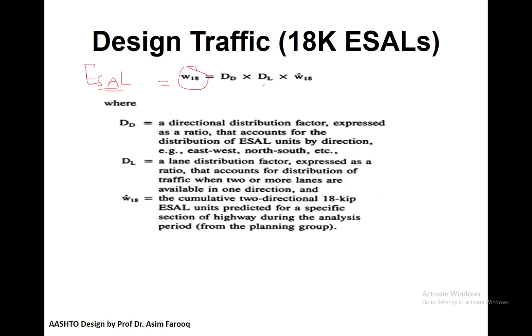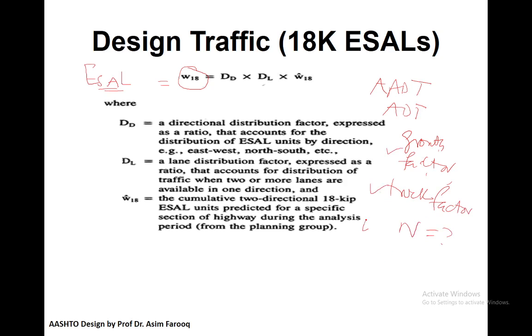This value can be estimated based on a few assumptions, such as the average daily traffic in that specific year, the percentage of trucks expected to use that facility, the analysis period, meaning the number of years for which the pavement is designed, and the fourth one is how much annual growth is expected.